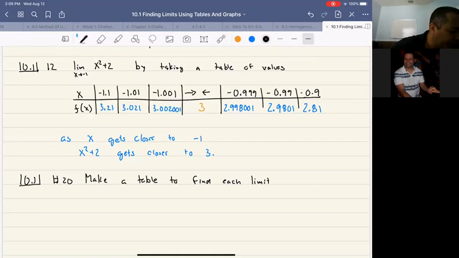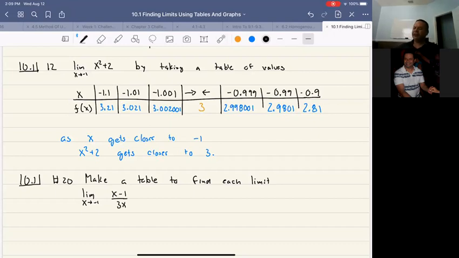The limit is the limit as x approaches -1 of x minus 1 over 3x.